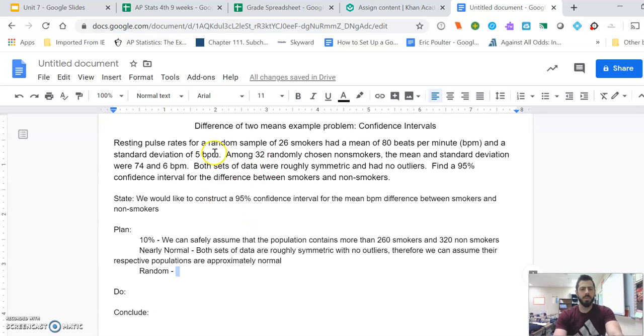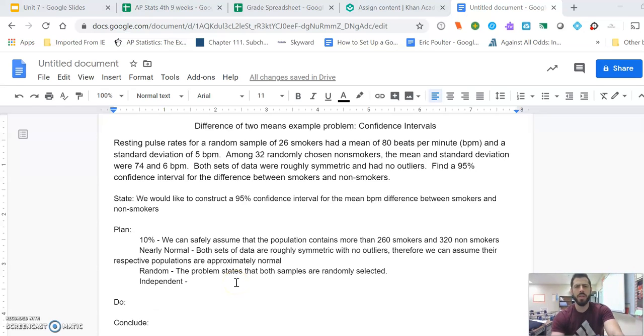And lastly, it says in the problem that both samples come from a random sample, both samples are randomly selected, so we can go ahead and say the problem states that samples are randomly selected. I'll throw in one more in here, just because it is important.